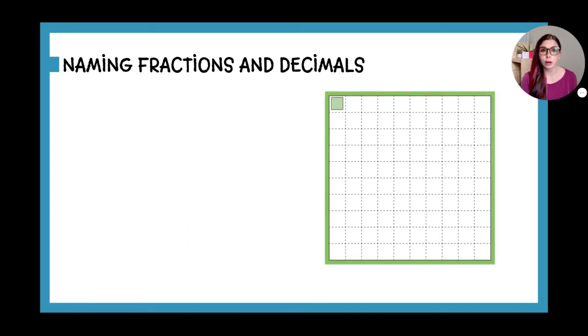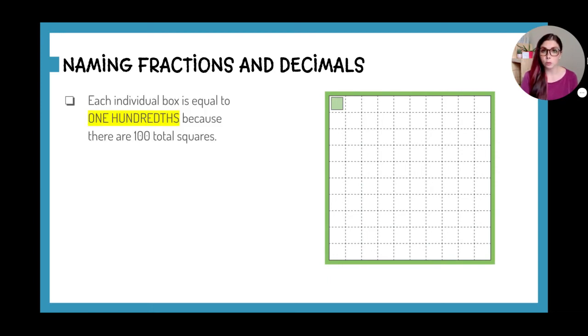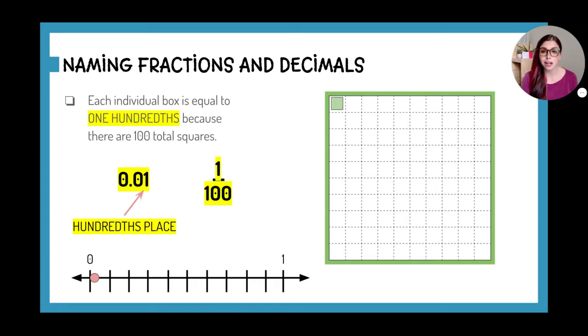All right, let's look at a new one. This is a new hundreds flat. Remember, it means 1. And each of those little boxes now is going to be a hundredth. We're moving on. So it's called 100 because there are 100 little boxes on this square. So this is 1/100th. And we would write this decimal and fraction this way. I would now put the 1 in the hundredths place.